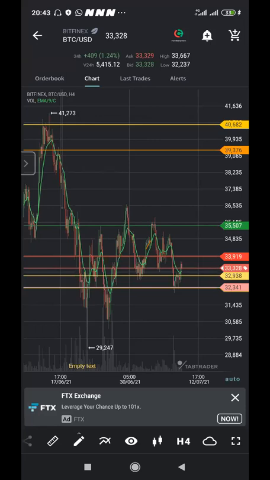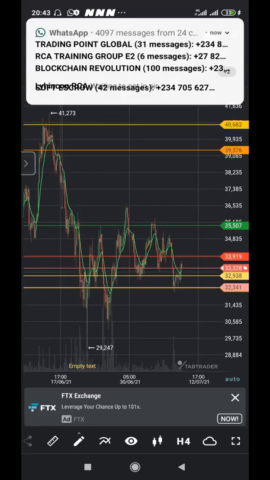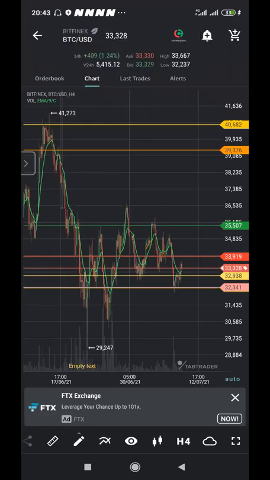There are different terms and different things that are very vital in making trades, especially when you are taking trades now. We know about valid tops and valid bottoms.